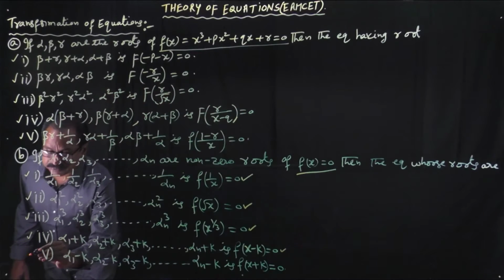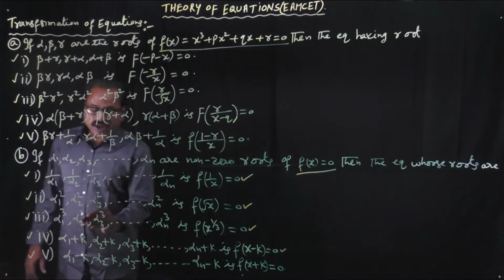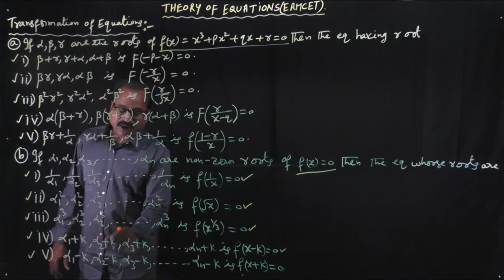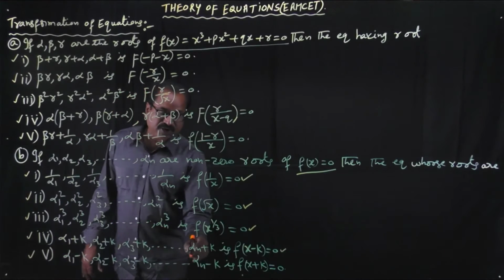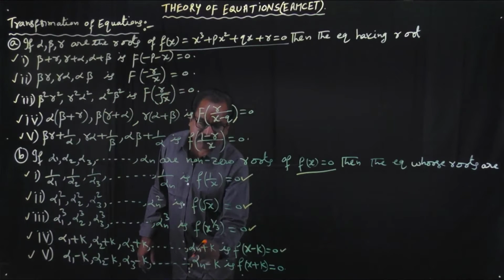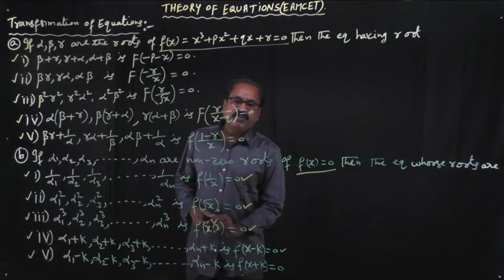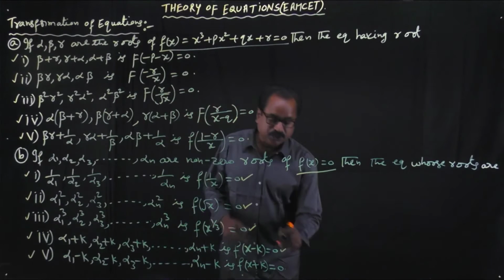Fifth one is the roots are alpha 1 minus k, alpha 2 minus k, alpha 3 minus k and so on alpha n minus k is f of x plus k is 0.